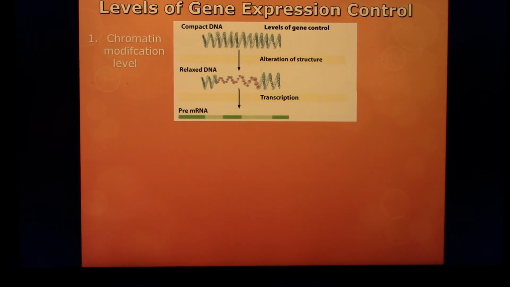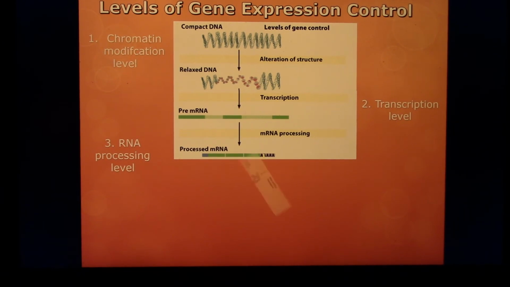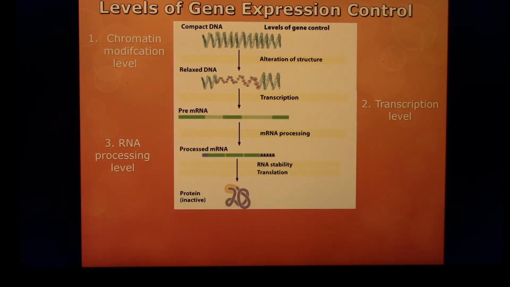Here, the next level is transcription. So we have been talking about transcriptional regulation in class, and you go from DNA to pre-messenger RNA if you're in a eukaryote. Then we have talked about the processes of mRNA processing for our last exam to get a messenger RNA. And then you are going to translate this protein. We talked about how RNAi can inhibit that from happening, at least temporarily.